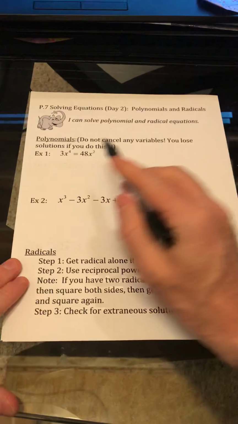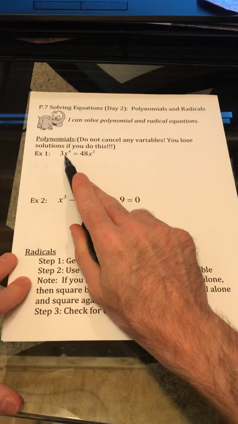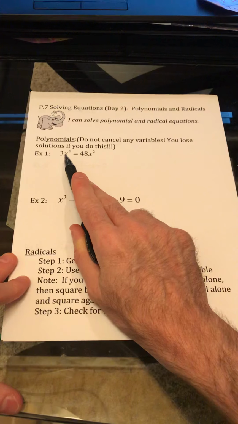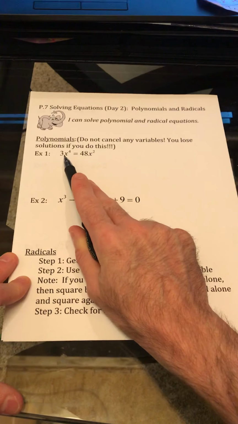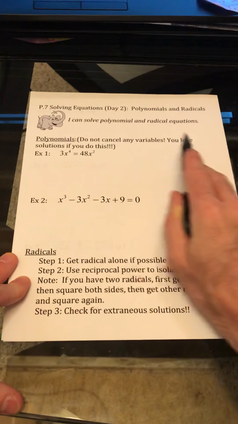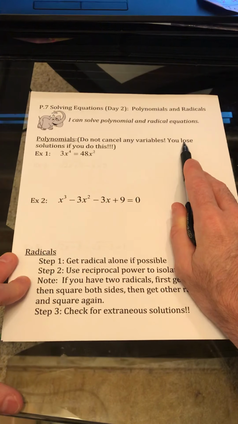Now, example 1 is actually geared to show you the first thing that you cannot do. Do not ever cancel variables, meaning don't say, oh, on this I can divide by x squared. If you do that, you lose solutions.